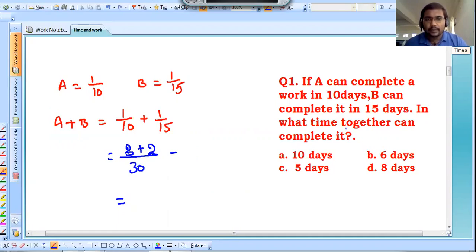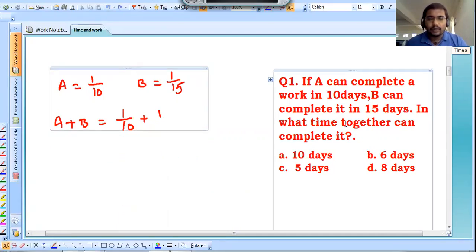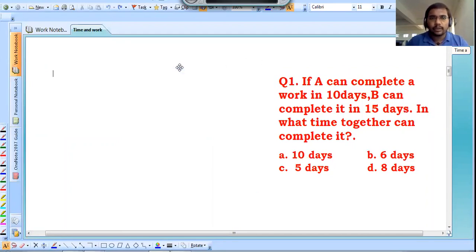Otherwise, very easily we can find the answer by using the units method. But what we have to remember is this small value. You have to remember this one. That means time taken into efficiency is equal to work.